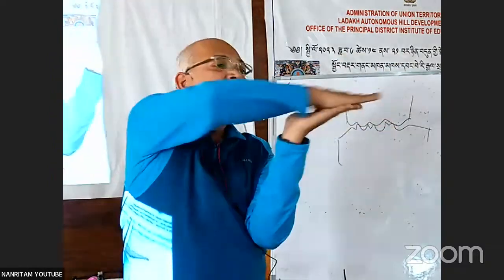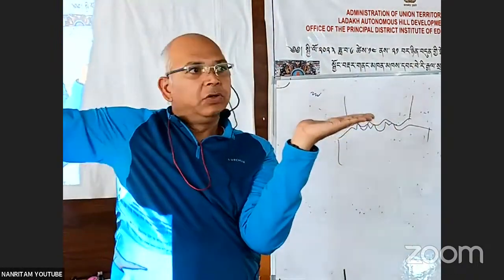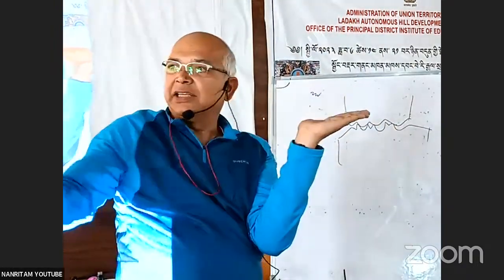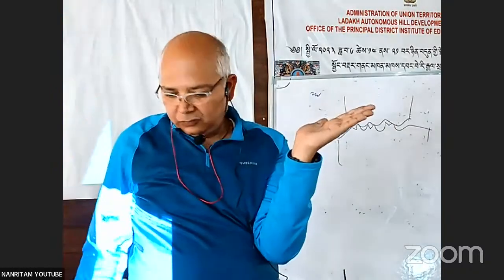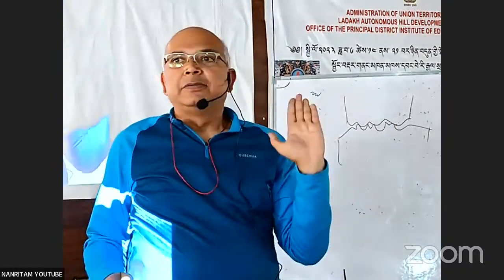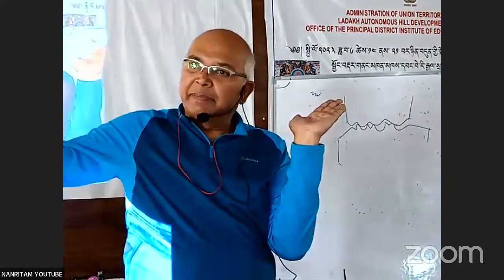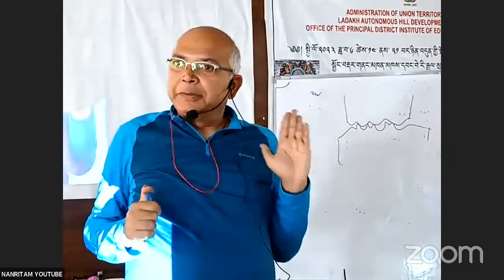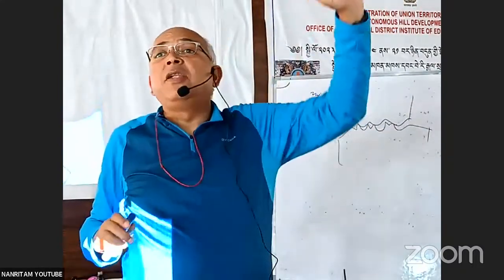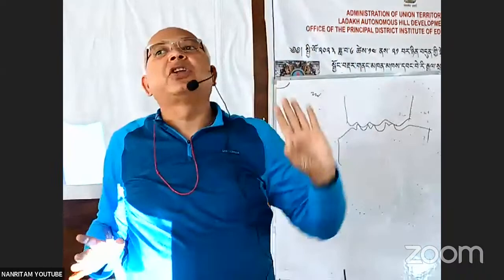So upper hand has friction in this direction. Lower hand has friction in the same direction. This direction. Same direction as upper hand. Newton's law you can clearly apply on friction also.